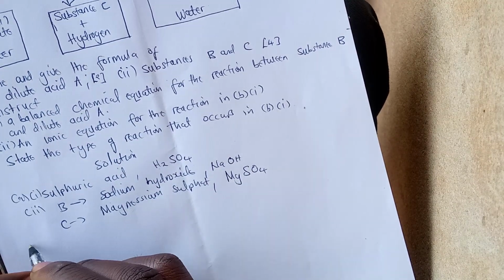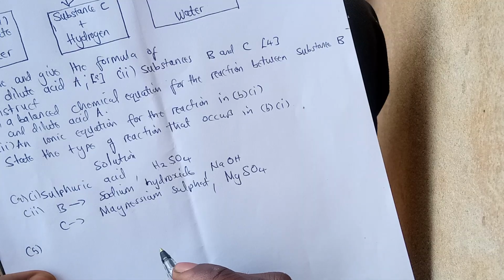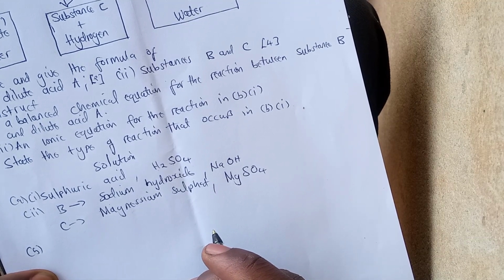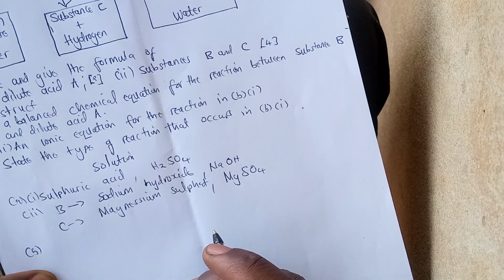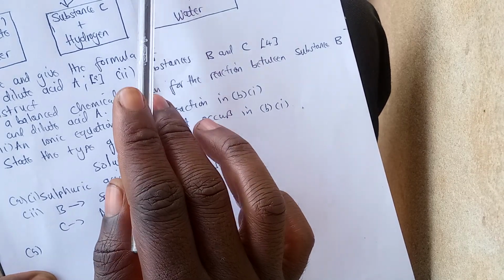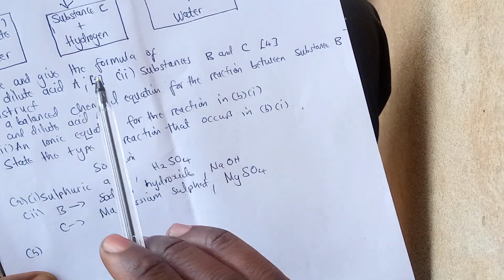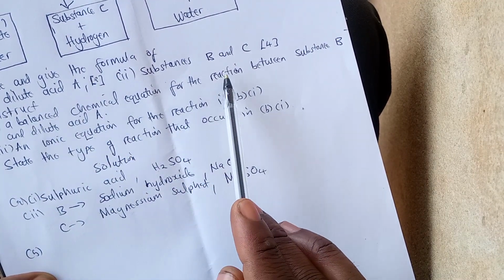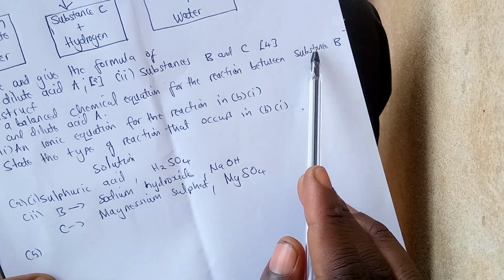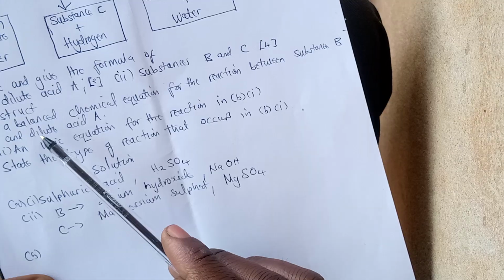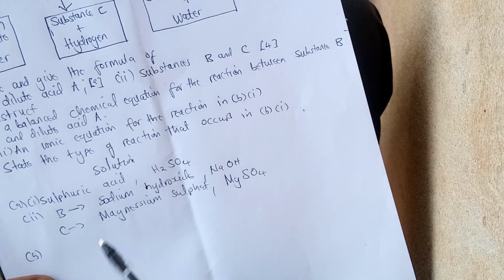Okay, B: construct a balanced chemical equation for the reaction between substance B and dilute acid A. Substance B is sodium hydroxide, and acid A is sulfuric acid.